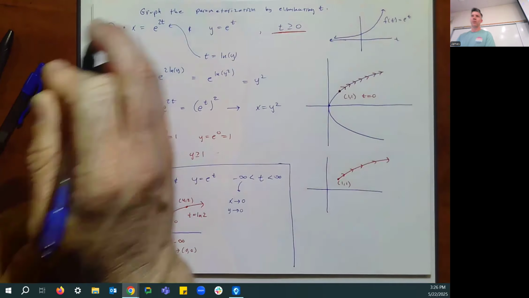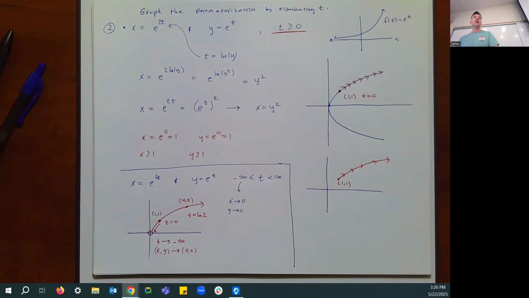Because that's what we're really doing. We're trying to graph these things by making it, quote unquote, easier to graph by eliminating the parameter so it looks more like an equation we're used to seeing, right? We're used to x equals y squared or y equals x squared. Let's look at this next one. Yeah, this next one's also kind of weird.